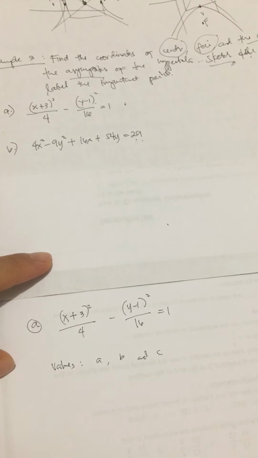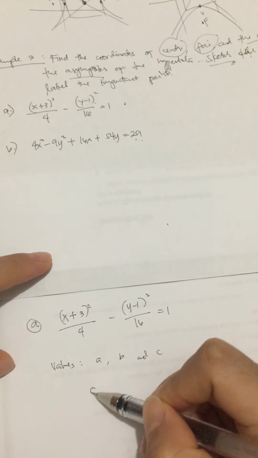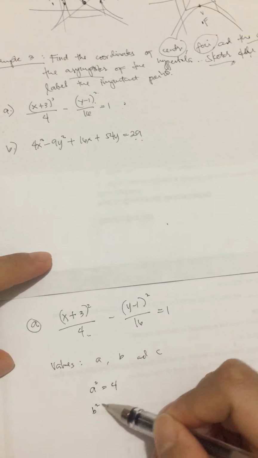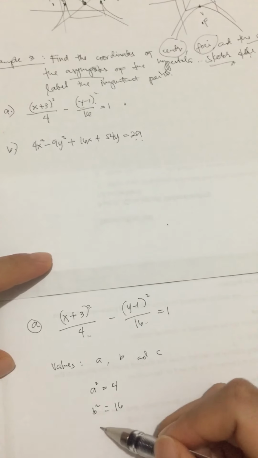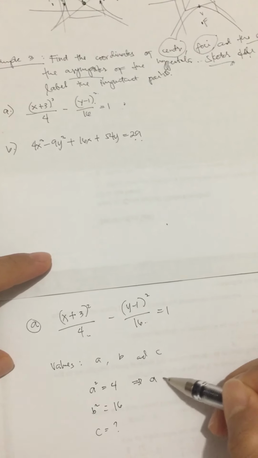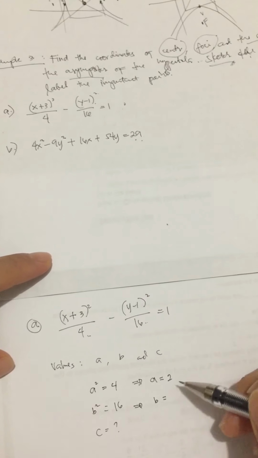To find the values of a, b, and c: a squared is equal to 4, kasi siya yung nauna. b squared is equal to 16. And we are going to look for our c. So, our a becomes 2 and our b becomes 4.